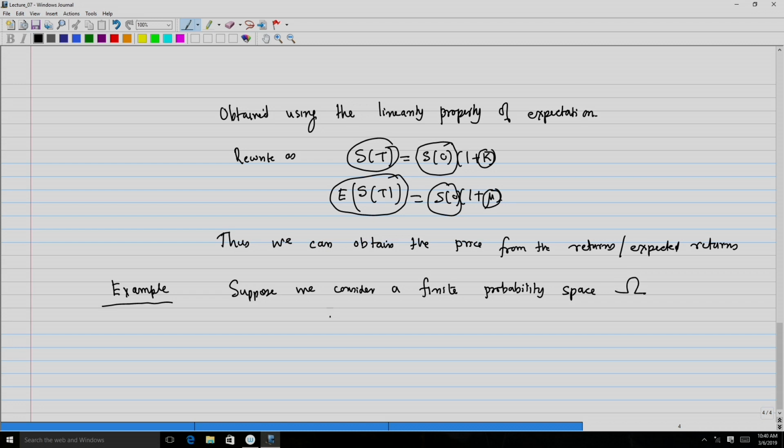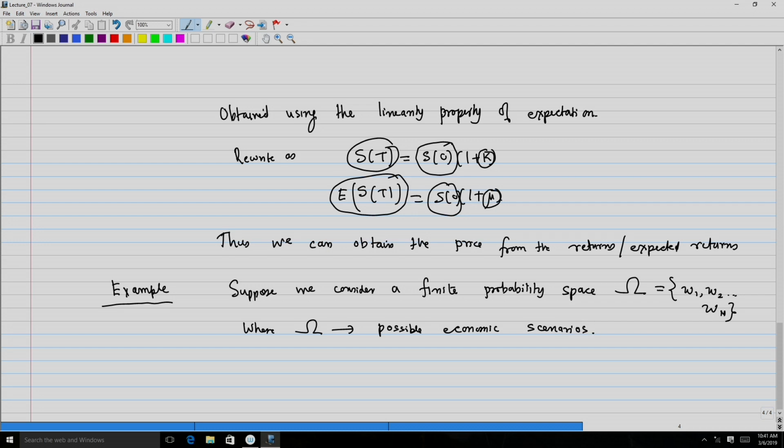Recall that we had denoted it as omega, with the elements omega 1, omega 2 all the way to omega n, where omega could be possible economic scenarios.